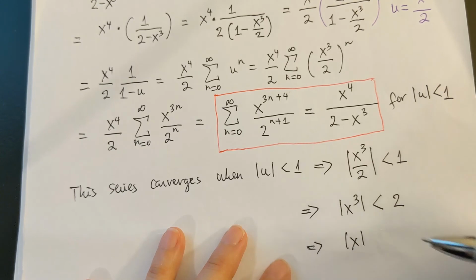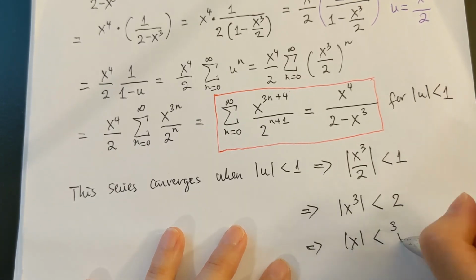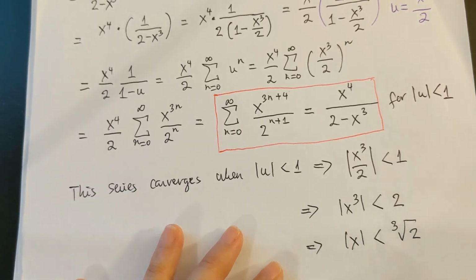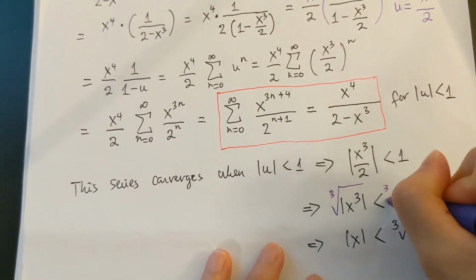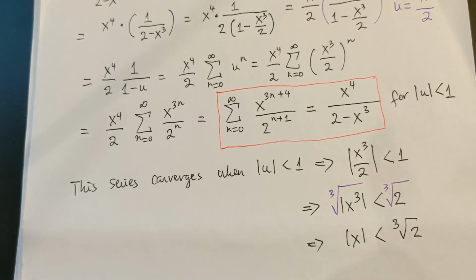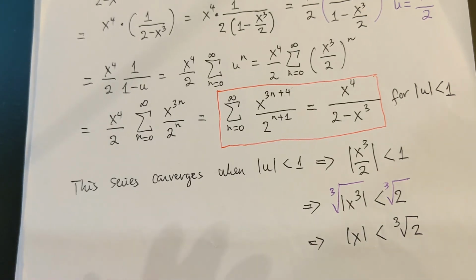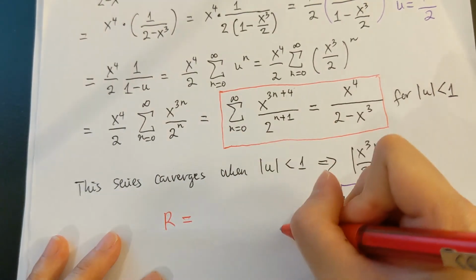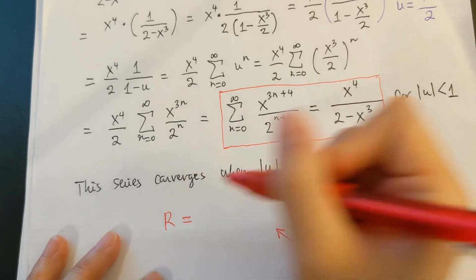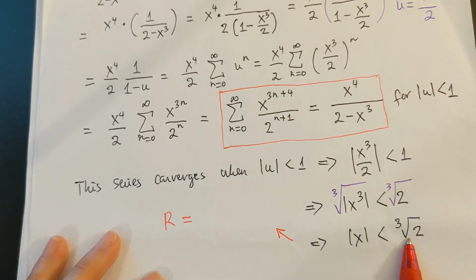You have the magnitude of x less than the cube root of 2. So that means my radius of convergence r will be the cube root of 2.